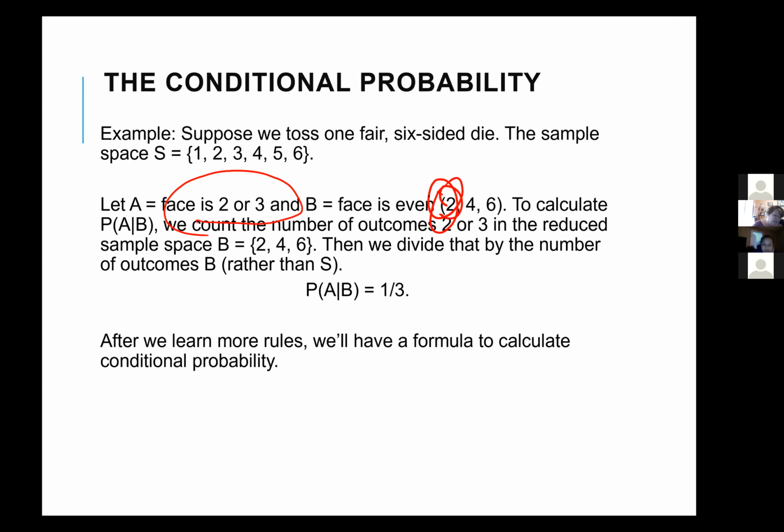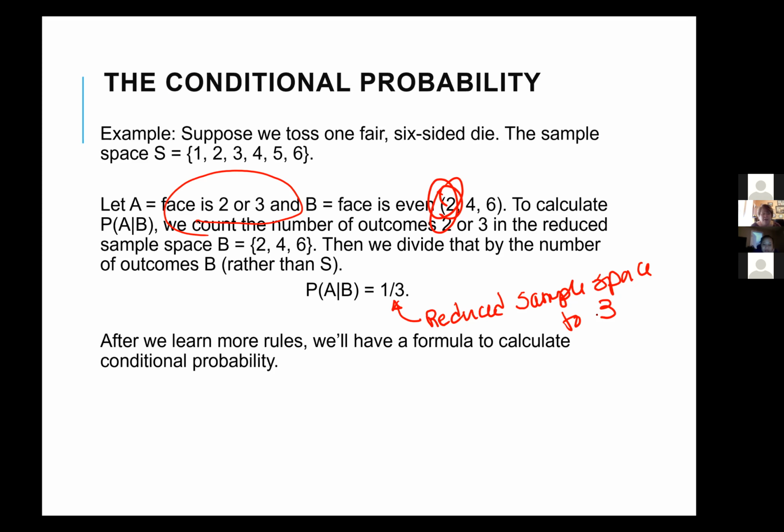We've reduced the sample space to 3 because there are only 3 possible ways I can roll an even number. And of those 3 possible ways, there's only one way I can get a 2, and that's if I roll a 2.